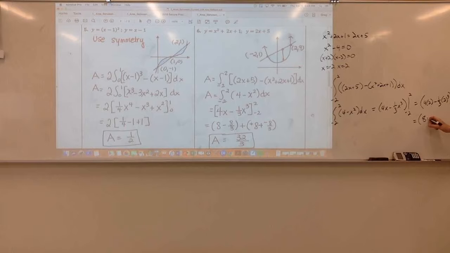So 8 minus 8/3 minus -8 plus 8/3. So we end up with, let's see, 8 plus 8 is 16, -8/3 minus 8/3 would be -16/3, so 16 minus 16/3 would be 48 minus 16/3, so 32/3.